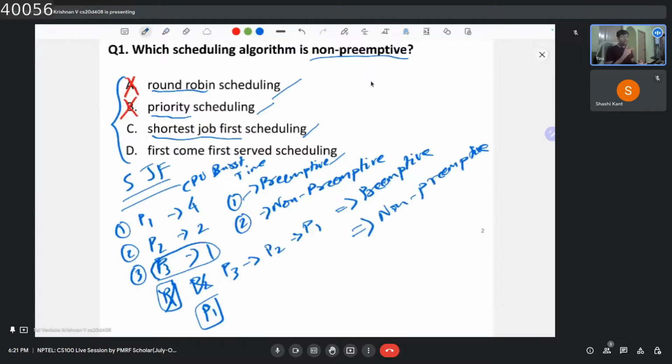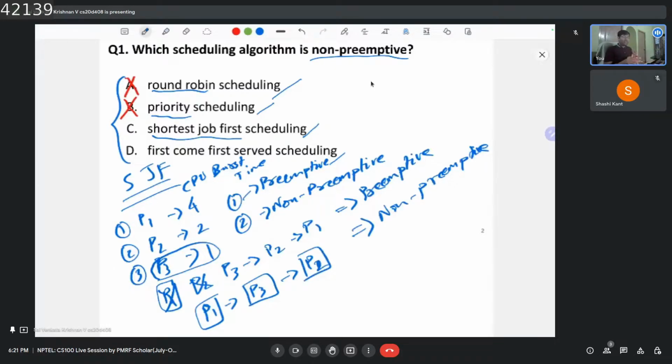Instead, it completes P1's execution, and once P1 completes, whatever process it selects from the ready queue would be the shortest job first. So instead of selecting P2, which has 2 CPU burst cycles, it will select P3, which should have already arrived by the time P1 completes execution. P3 would be of 1 CPU burst cycle, it is the shortest job, and this should be scheduled on the CPU, and after this, P2 would be scheduled onto the CPU.